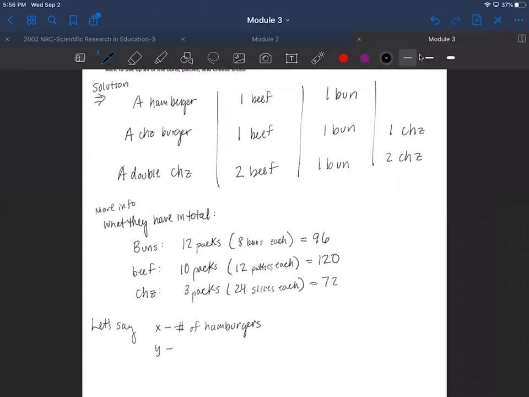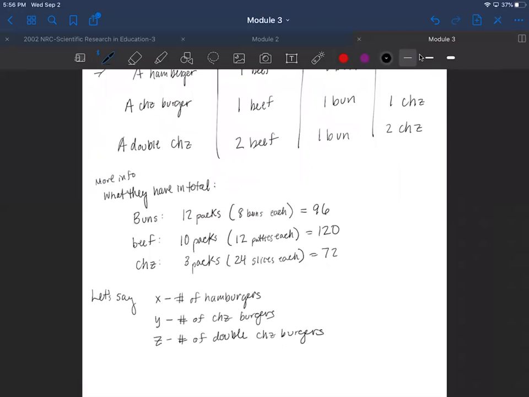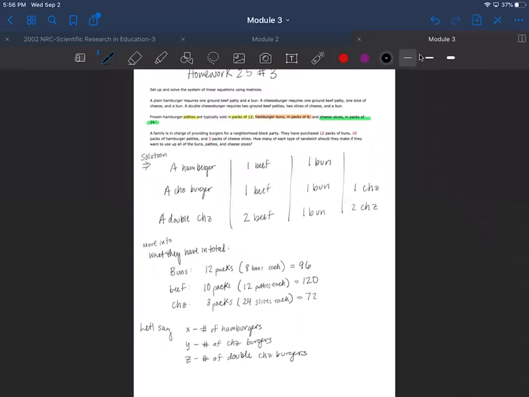Let Y represent the number of cheeseburgers, and let Z represent the number of double cheeseburgers.